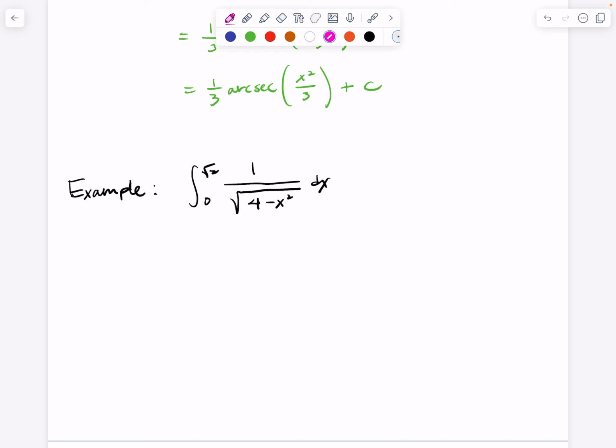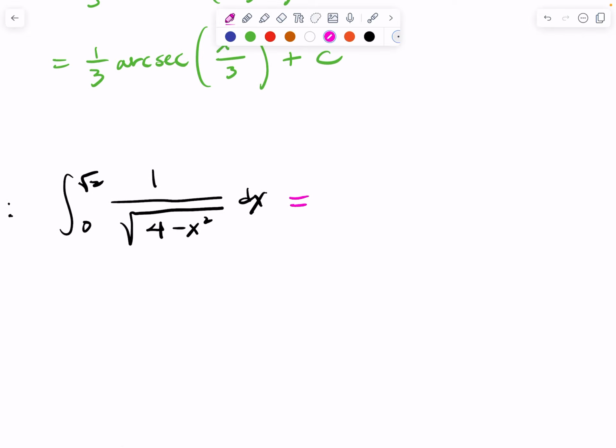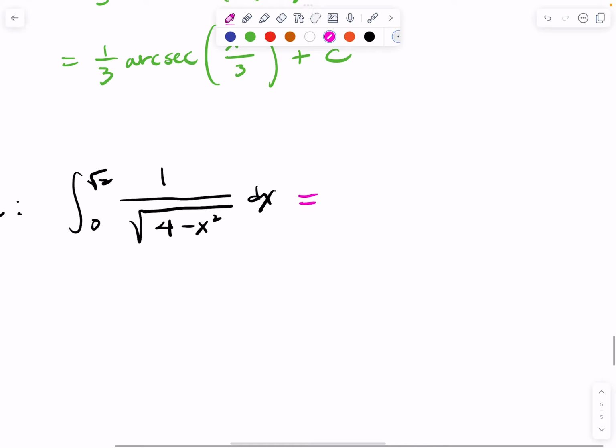Okay. So you're just thinking, okay, well, we can't do a u sub here. This does look like the arc sine formula.